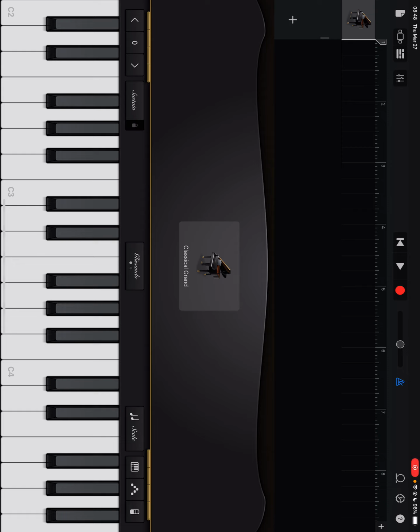And I don't know if you noticed, but all the way down here is a note called C2. This one is C3, this one is C4. The reason there are 3 C's on here is that this interval, called an octave, is such a nice pitch.